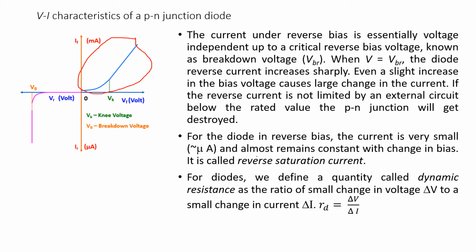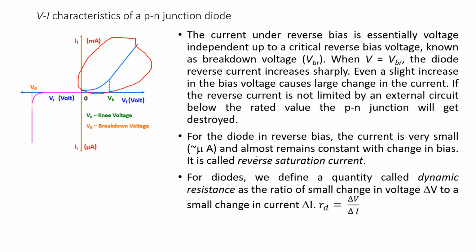When V is equal to VBR, the diode reverse current increases sharply. Even a slight increase in bias voltage causes a large change in current. If the reverse current is not limited by an external circuit below the rated value, the PN junction will get destroyed.